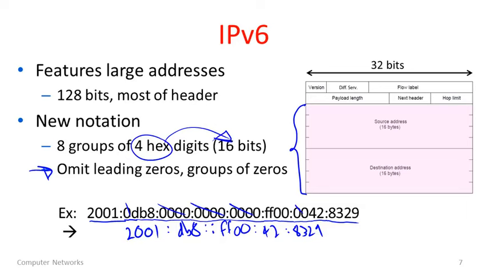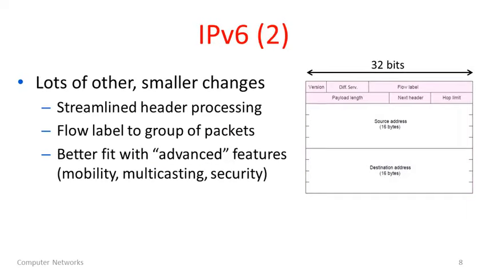So those are the addresses. What else is in the header? Well, there are lots of other smaller changes. I've shaded the other header fields. One feature of IPv6 is a more streamlined header processing. If you want to, you can compare it to IPv4 and you can read more about it in your text just to understand some of these details in more detail than I'm going to give you.